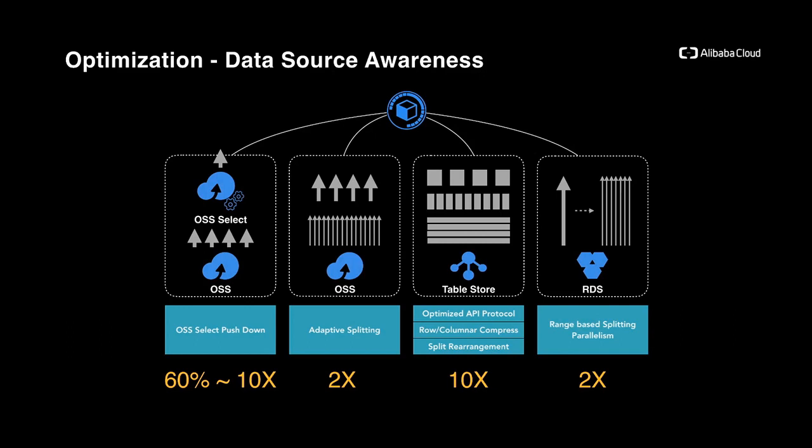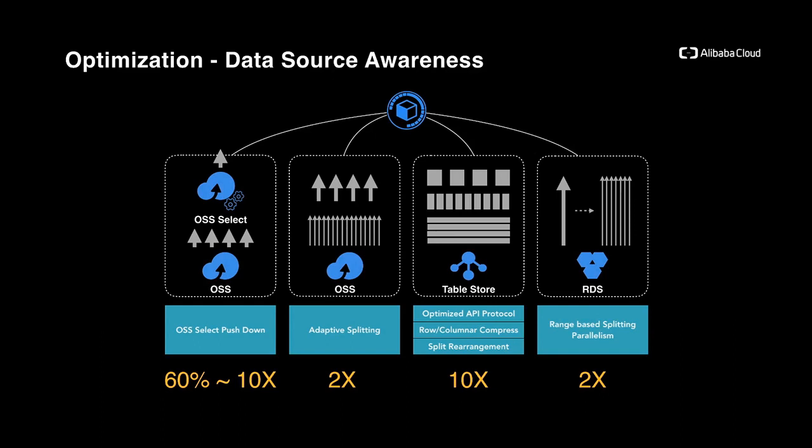The second one is adaptive splitting. When DLA reads data splits from OSS, the split size can be adaptively adjusted to get well balanced and achieve better data transmission performance in the parallel pipeline. This has got 2 times performance optimization on average in the production environment. For the Table Store data source, we have deployed an optimized version of the API protocol to do row columnar compression and split rearrangement for the scenario of DLA querying Table Store data.